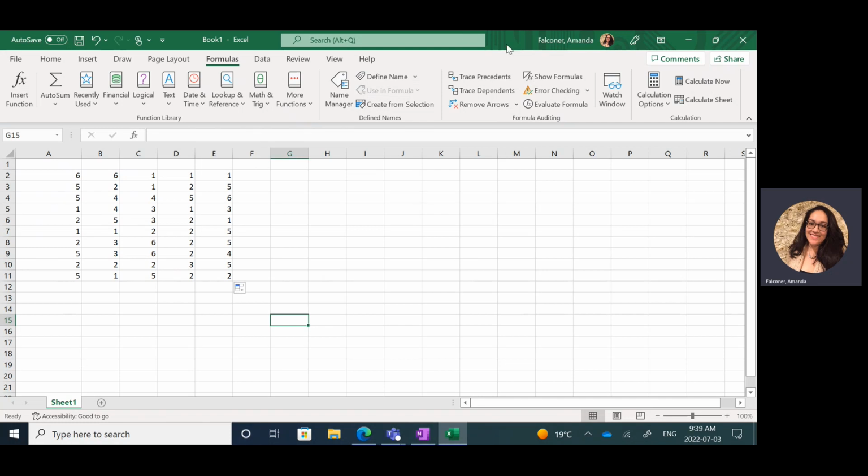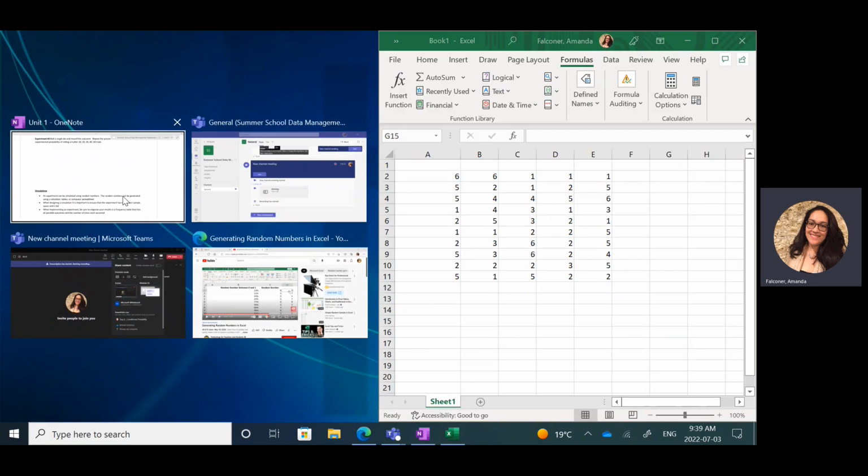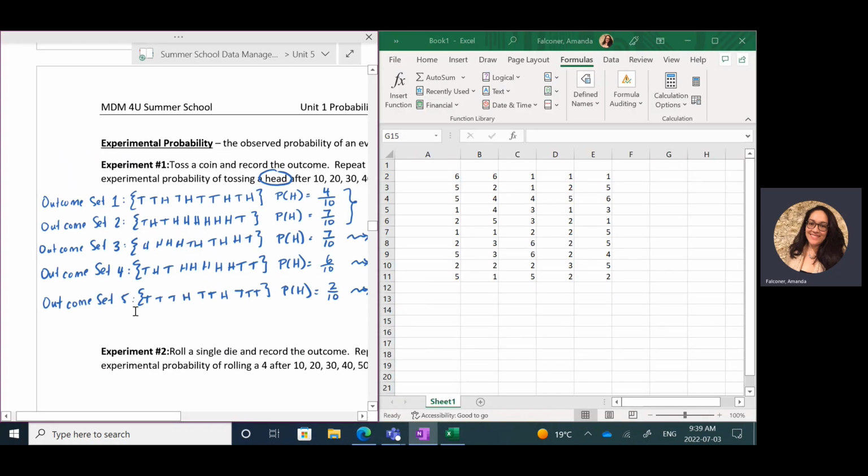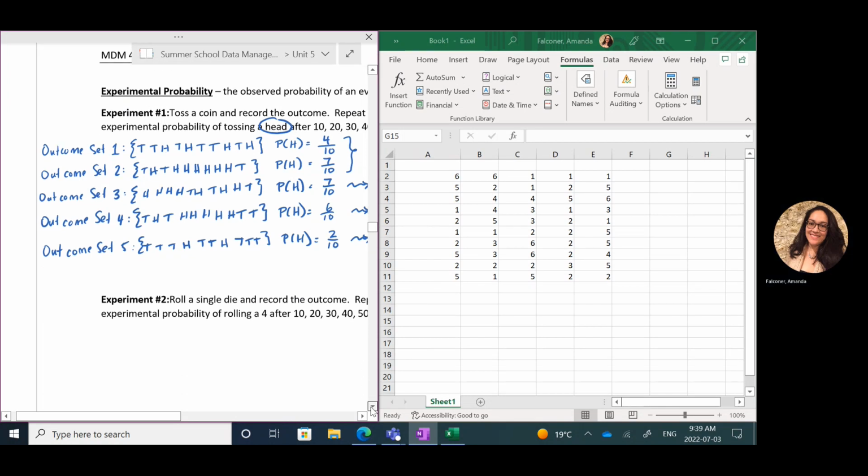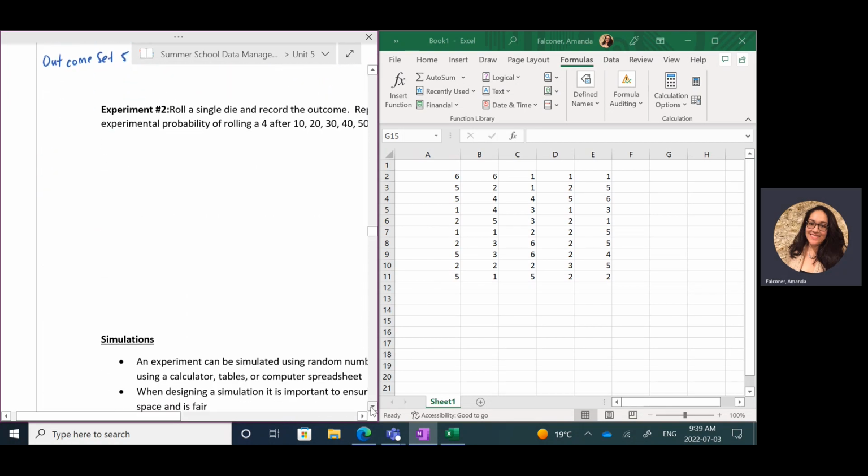Okay, so I'm just going to kind of move this to the side a little bit. And for our notes' sake, I'm going to write down these sets, and then I'll come up with those different experimental probabilities.